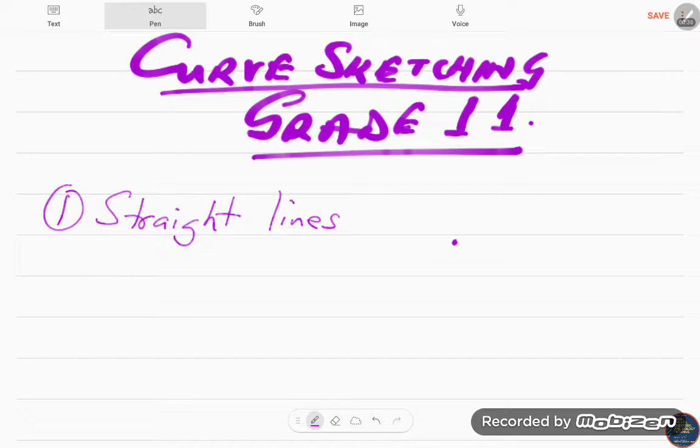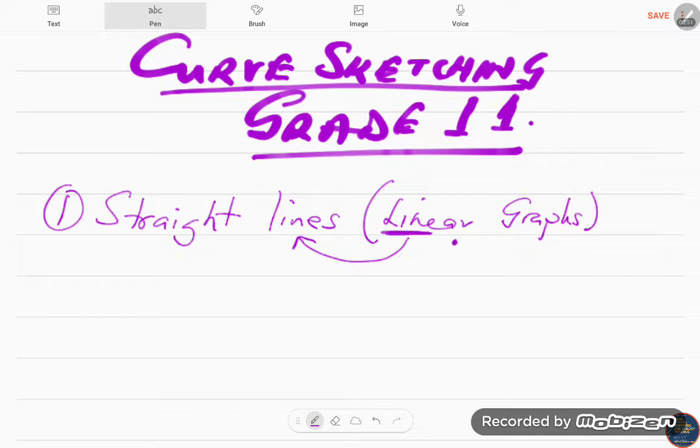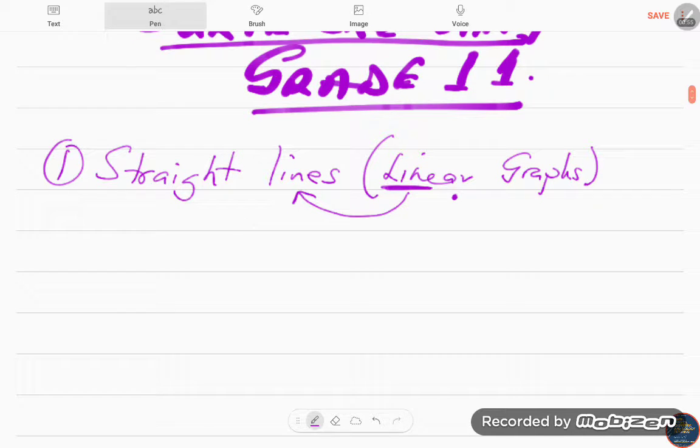1, straight lines, also known as linear graphs. Pay close attention. That already tells you that you're dealing with a line graph. Usually it's of this form. That is the basic graph for this one.